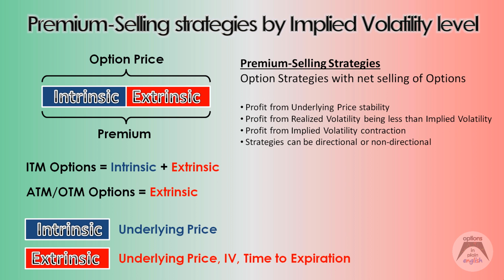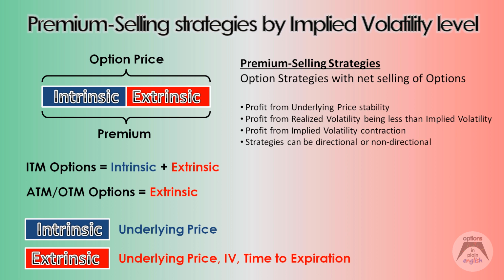They also profit from implied volatility contraction. So when you put on a premium selling strategy and initiate it, and then later on implied volatility goes down, your strategy is going to benefit from this.